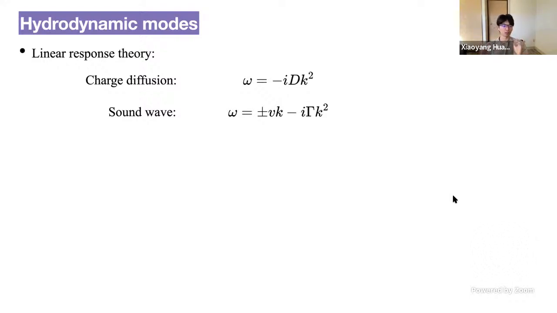This sound wave is really like a propagating wave that can carry energy ballistically, while at the front of it still having some diffusive behavior. However, this only happens in the longitudinal sense, not the shear sense, because if you shear your fluid, nothing should happen at very leading order. So there's only the sound mode in the longitudinal direction.